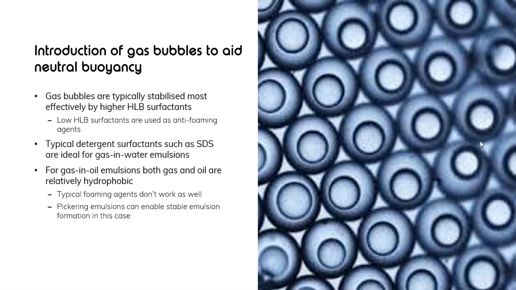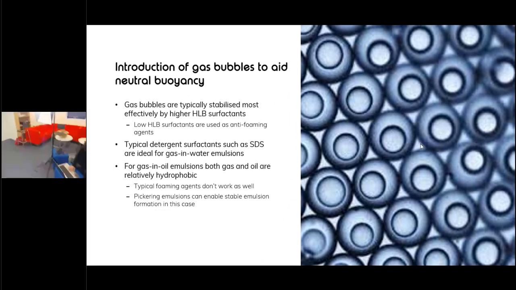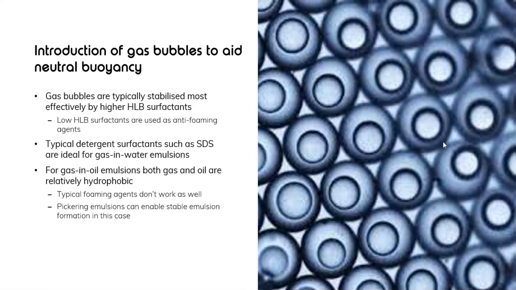As you noticed from the chart earlier, the lower HLB stabilizers are used as anti-foaming agents, and obviously what we want to sustain here is foam. And so you tend to find that the gas is relatively hydrophobic, and therefore typical detergents such as SDS are ideal for a gas in water emulsion. So if you have gas in water in oil, SDS is useful for stabilizing that internal emulsion.